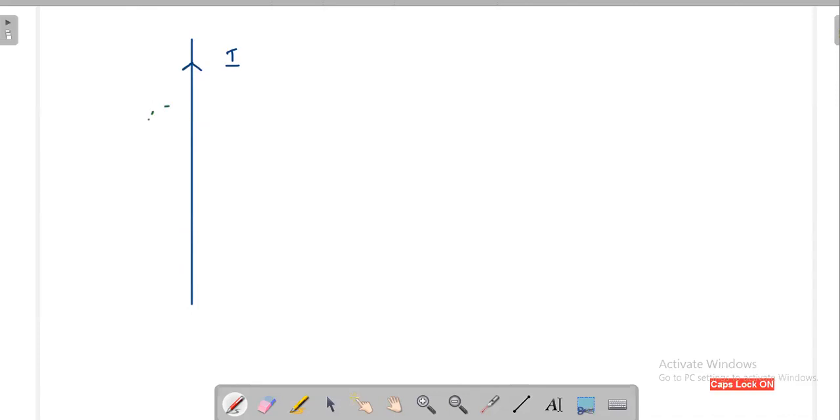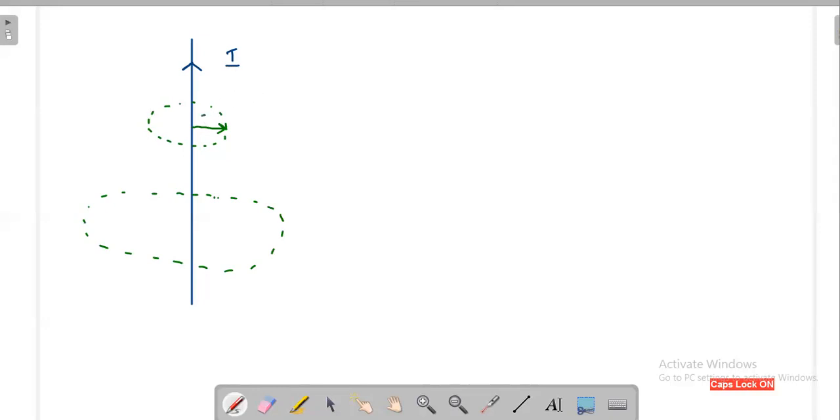I may form the closed line like this, or like this. I can form a closed line in any way. In the first case, I have formed some closed line, and for simplicity, I have formed it in a circular manner.